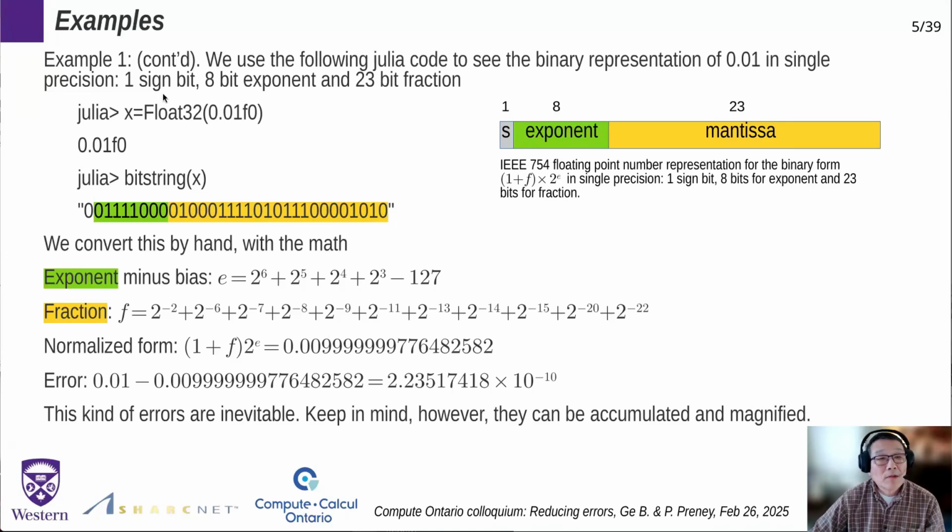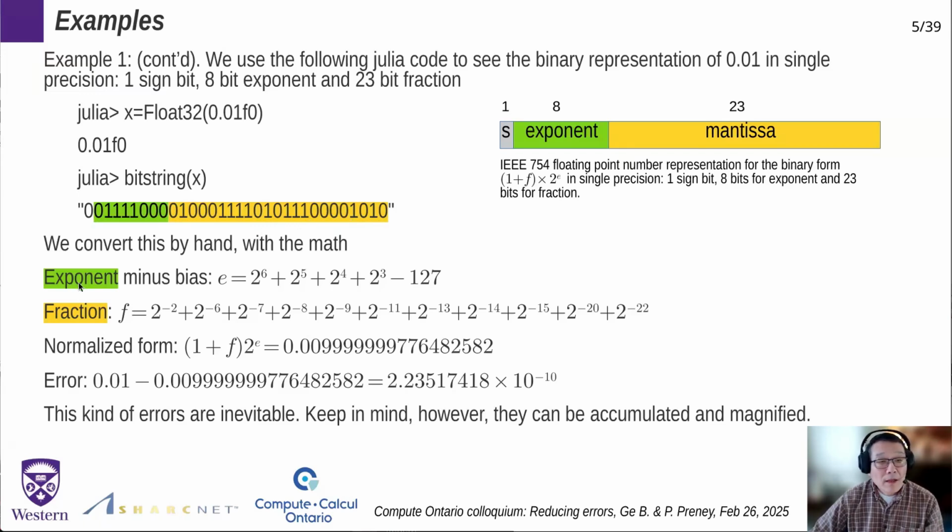For single precision, we're using 1 sign bit, an 8-bit exponent, and a 23-bit fraction, as shown on the right-hand side. The fraction is sometimes also called the mantissa. The output from the Julia code is this binary representation with a bunch of zeros and ones.